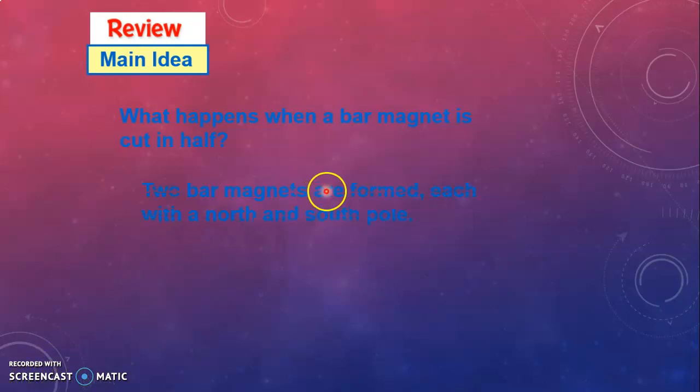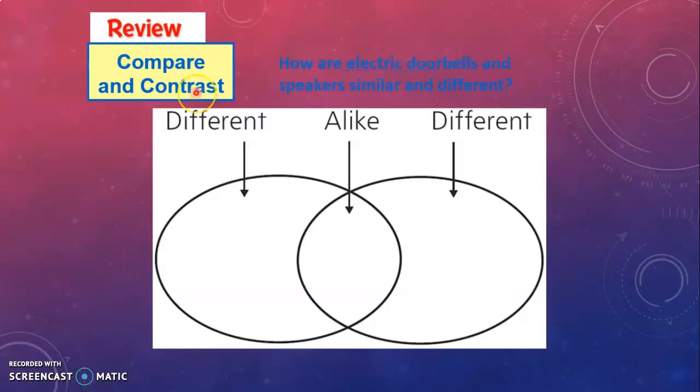Two bar magnets are formed, each with a north and south pole. Okay, that doesn't mean that the bar magnet is not going to work. Eso no va a significar que ya no va a funcionar el imán. So, two bar magnets are formed now. Ahora tengo dos magnetos.